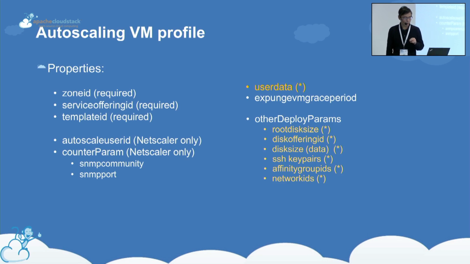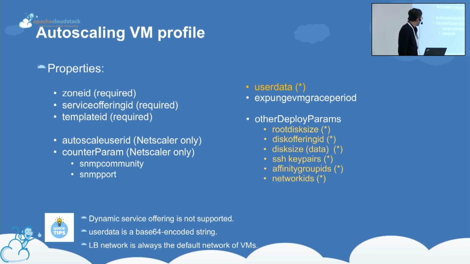So in our feature, we support 6 parameters: root disk size, disk offering ID, the data disk size, SSH key pairs, affinity groups, and network IDs.